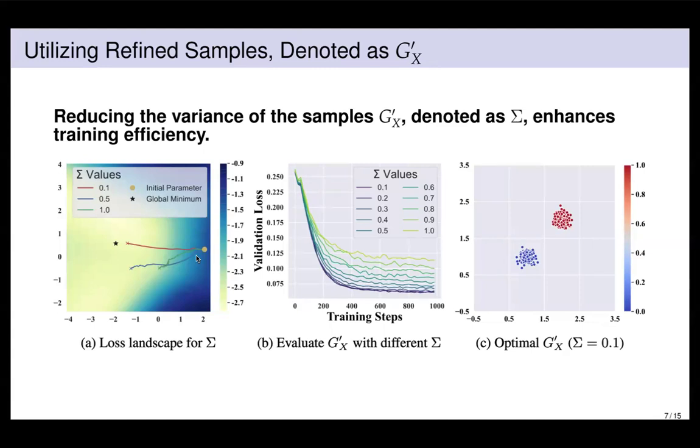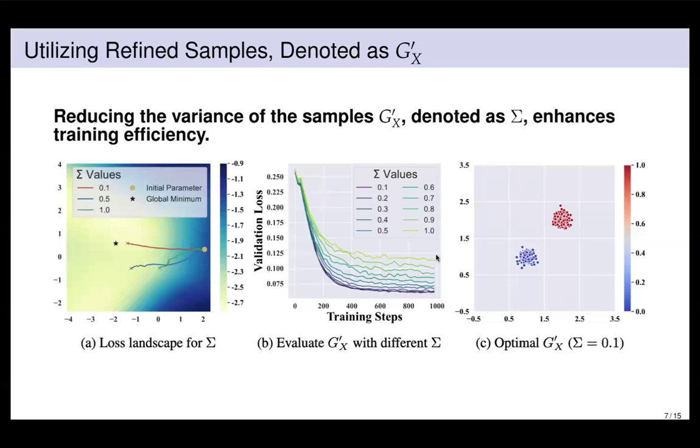And if we increase the variance of the samples, we will introduce more noise and the trajectories are not that smooth. In figure B, we evaluate G prime X with different sigma values. You can see that if we use the smallest one, sigma value 0.1, the validation loss will decrease very fast.